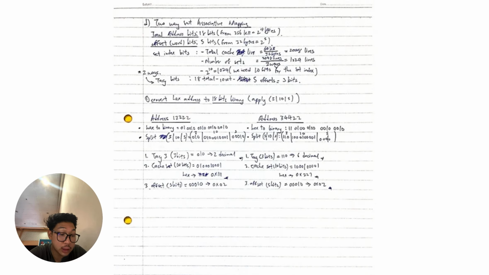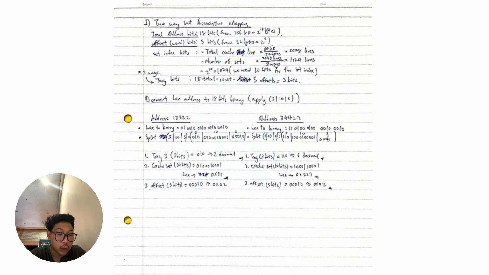Set index bits. The total cache lines are 64 kilobytes over 32 bytes, which gets you 2048 lines. For the number of sets, you take the 2048 lines over 2 ways, which equals 1024 sets.